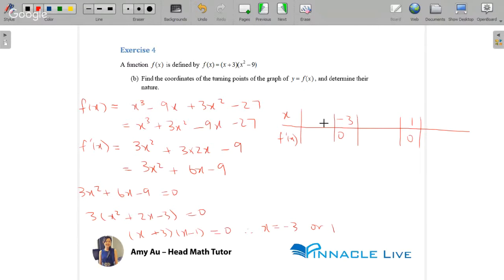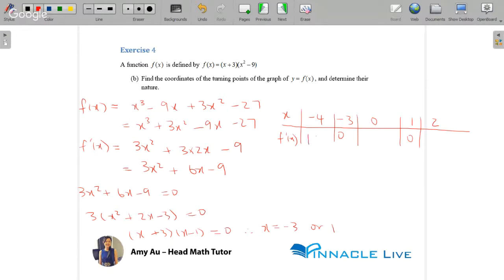All right, so how do we test this? Same thing, pick some numbers that are less than -3, between -3 and 1, and greater than 1. So let's say -4, 0, and 2. And then you substitute that into the first derivative. So I'm just going to fill out these tables based on what comes out on the calculator.